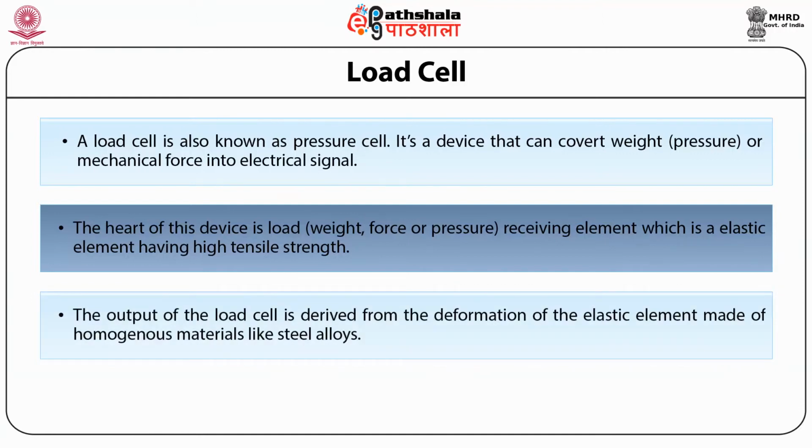The output of the load cell is derived from the deformation of the elastic element made of homogeneous material like steel alloys. One should carefully select the material and its structural configuration so that one can have a linear relationship between the dimensional change and the quantity, that is force, under measurement.